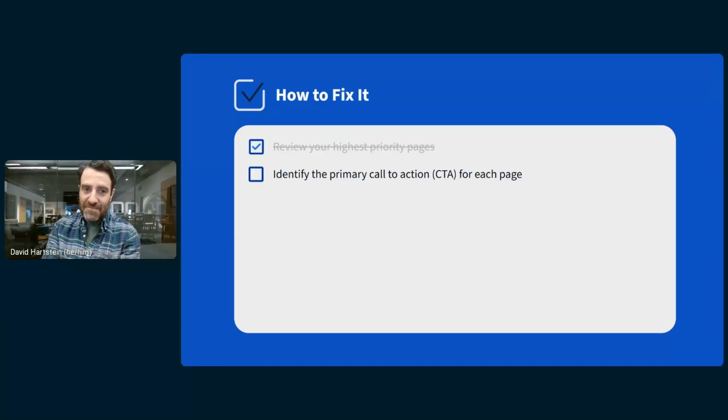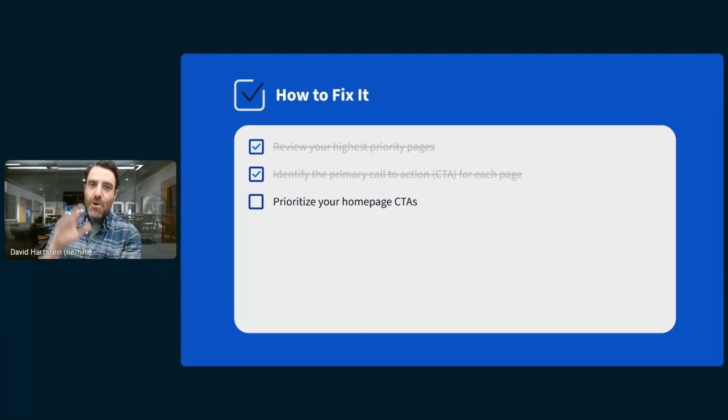Now, with your homepage or some more kind of like overview type pages, they're probably going to be aimed at a wider variety of audiences looking to accomplish maybe a handful of different things.